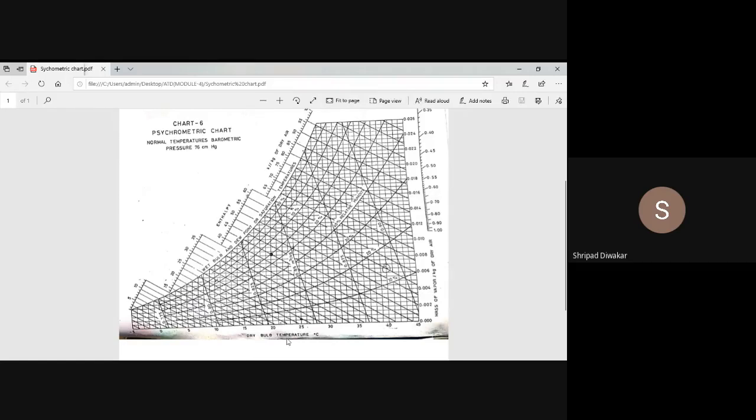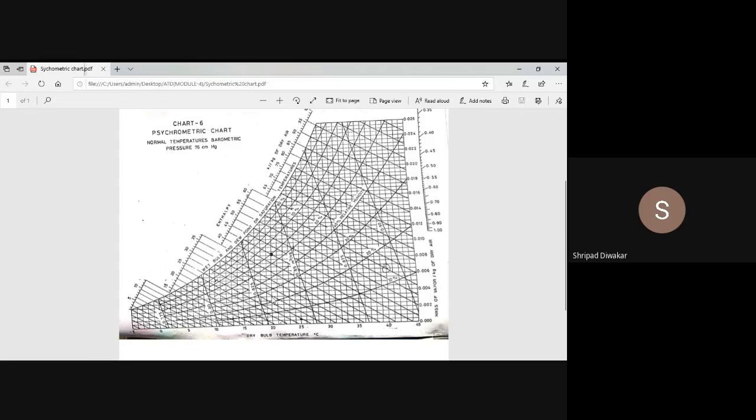Here the location of the point is important: 20 degree DBT and 10 degree WBT. 20 degrees is the vertical line. To locate 10 degree WBT, go to 10, move up to where it cuts the saturation line, then move in an inclined direction to where it cuts the DBT.